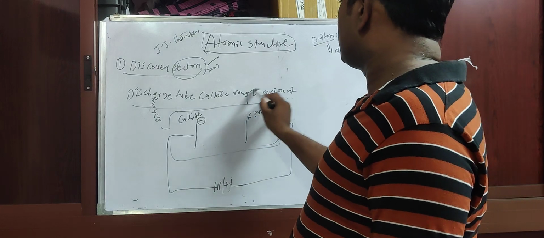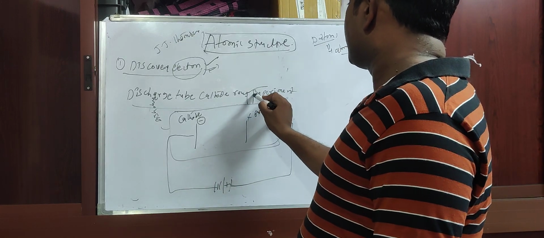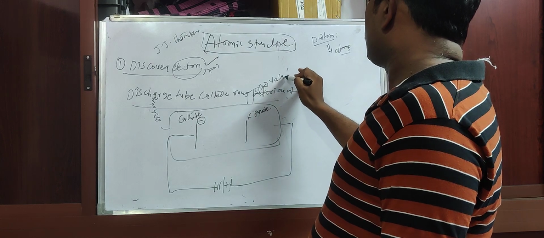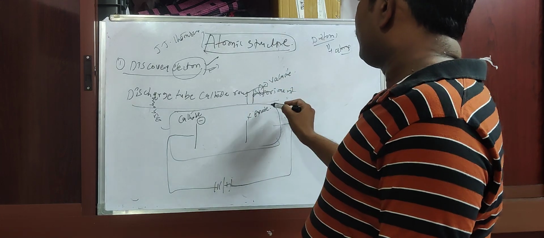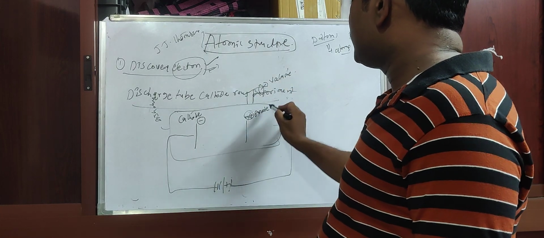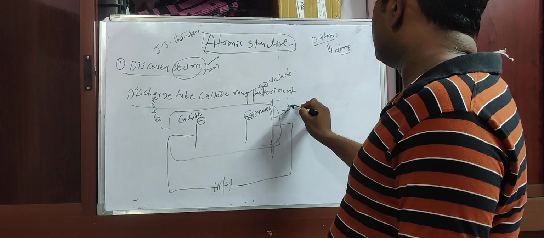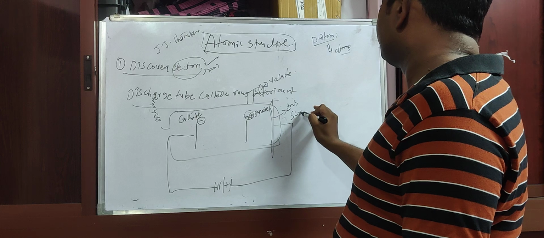Next, the unwanted gas we have to remove, creating a vacuum, and at the anode side you put a screen, a zinc sulfide screen.